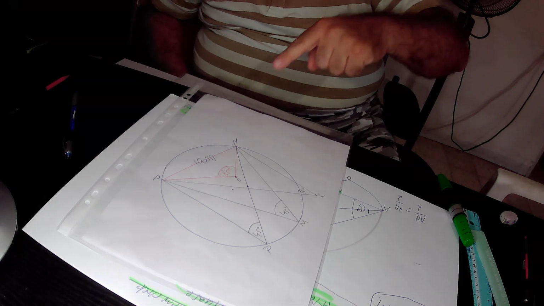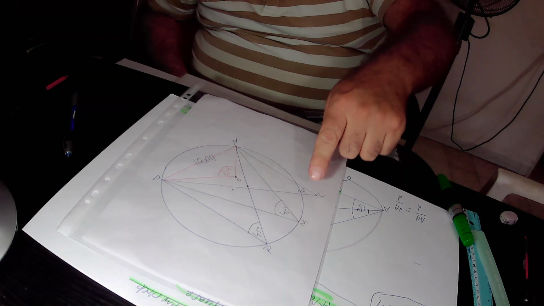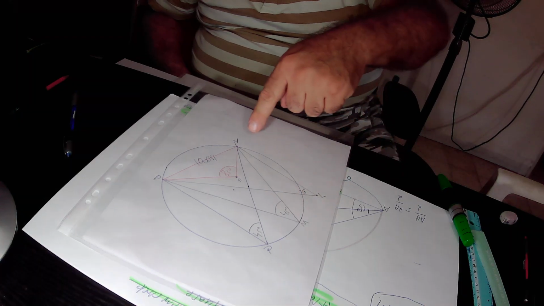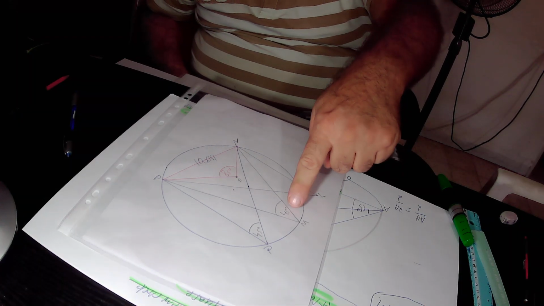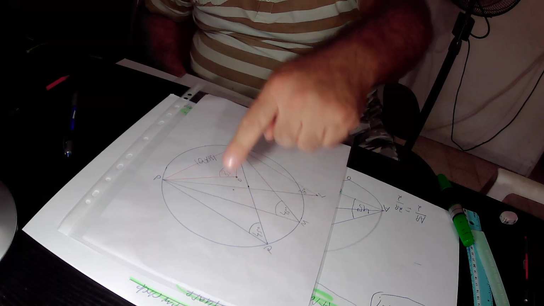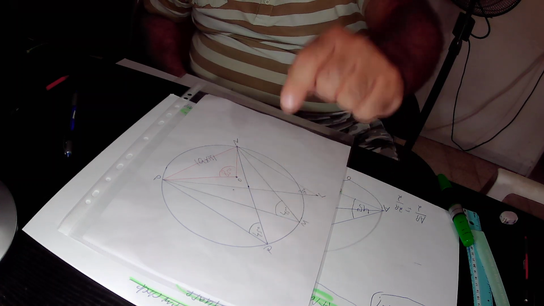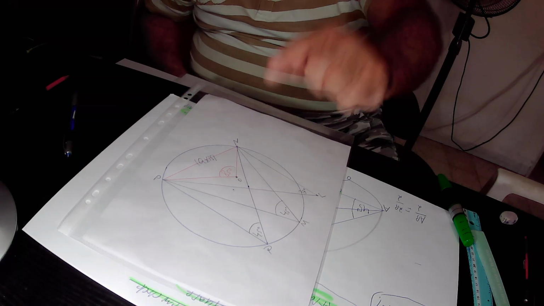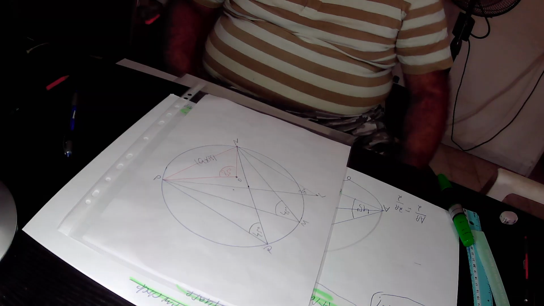Like this angle NMP that is located on the circle, it is equal to 45 degrees. Likewise, this is angle NQP located on the circle itself, and it is also equal to 45 degrees in its size.